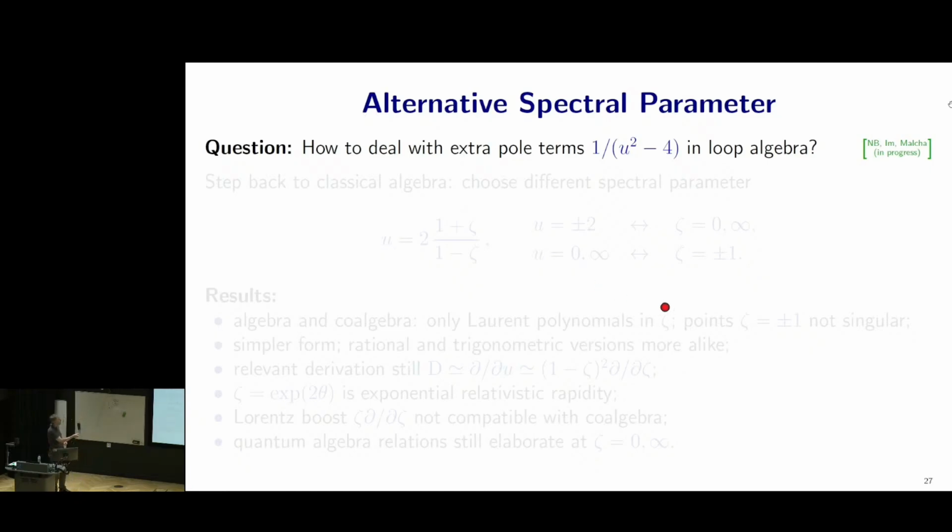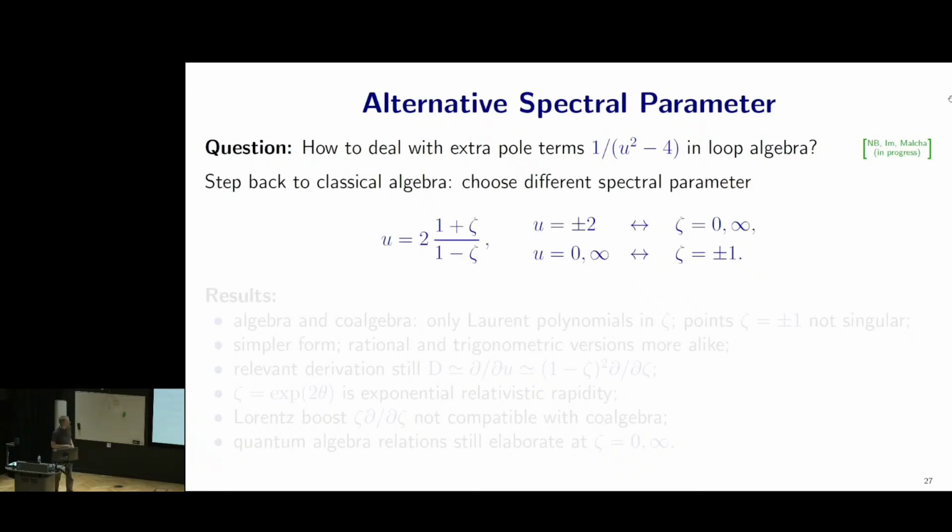You can actually do a transformation on the U plane to remove this. Namely, you can do this Möbius transformation, which interchanges these two special points where U is plus minus 2 with psi equals 0 and infinity, and then the points 0 and infinity in the U plane get mapped to psi equals plus or minus 1.